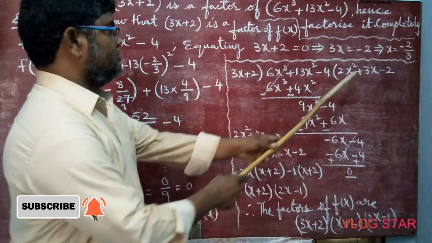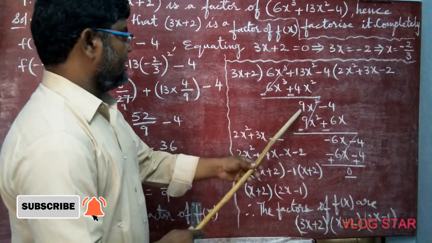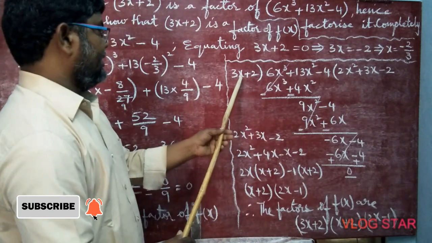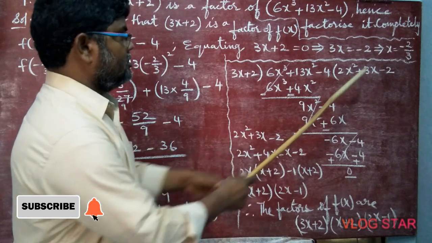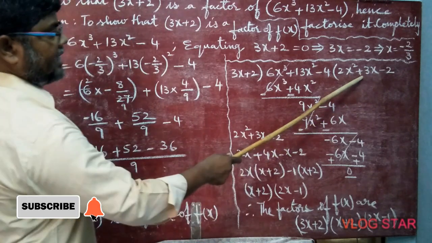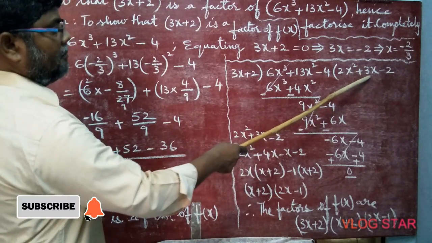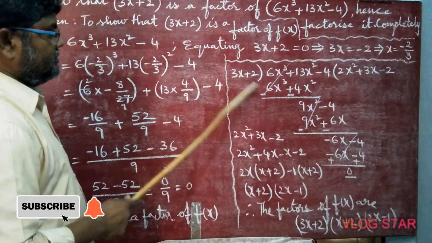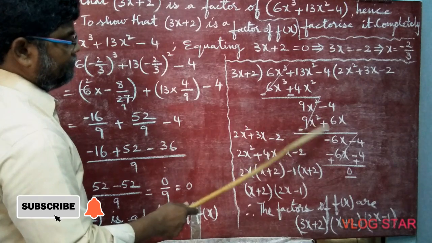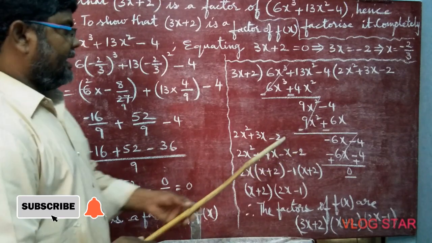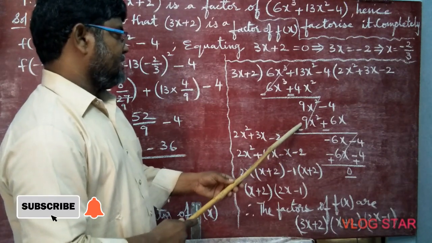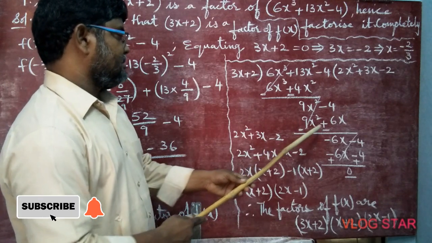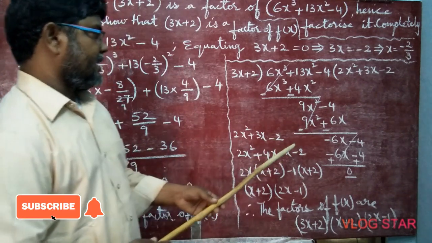Here plus is there, so plus 3 goes in 9 3 times, and x square is there, so one more x is needed. Sign, number, variable. Multiply this 3x with 3x plus 2, then you will get 9x square plus 6x. Again, signs will become opposite. Plus becomes minus, plus becomes minus when we are subtracting.